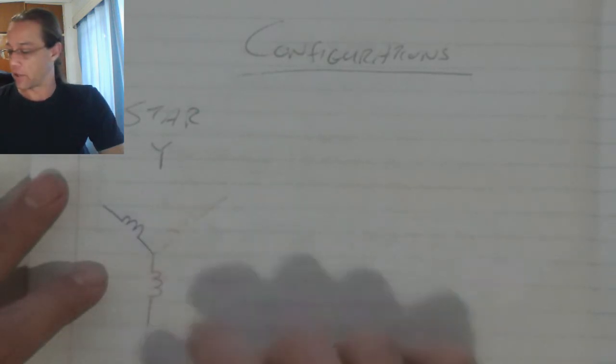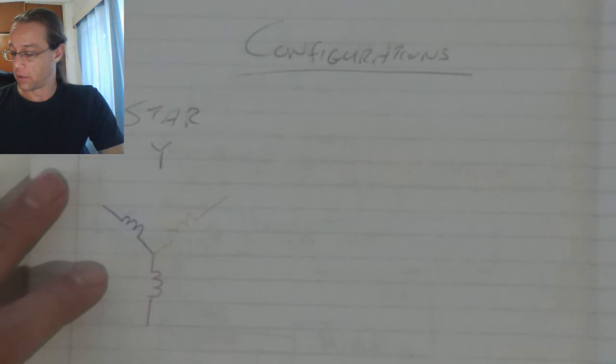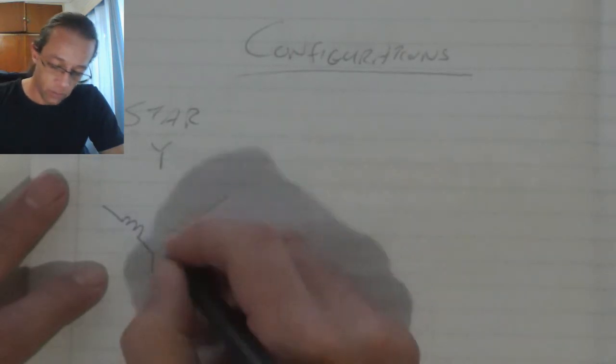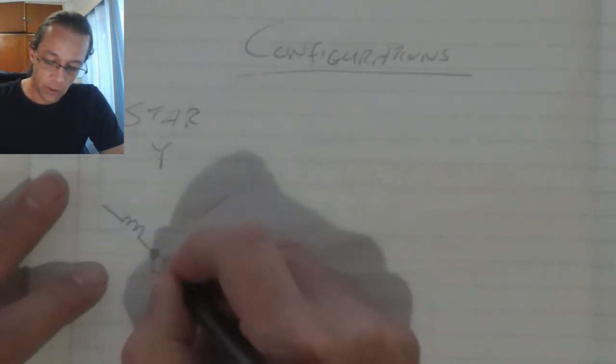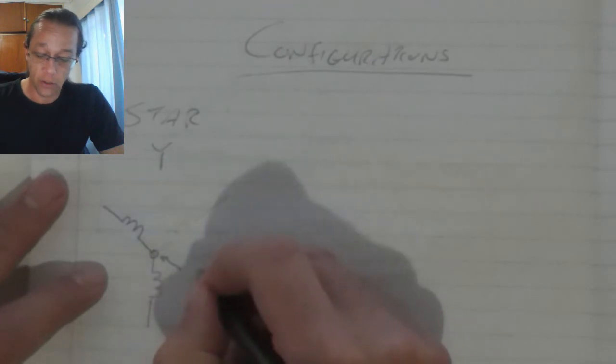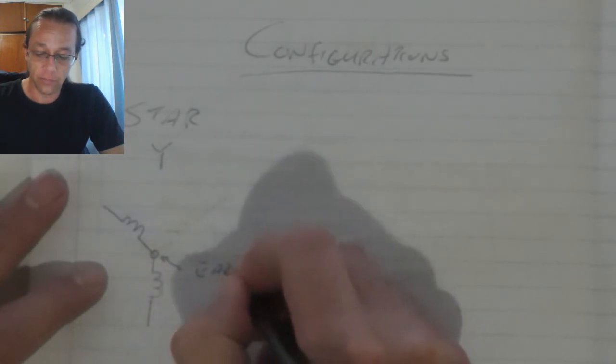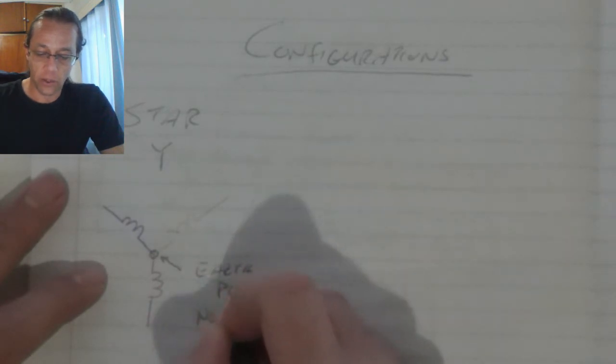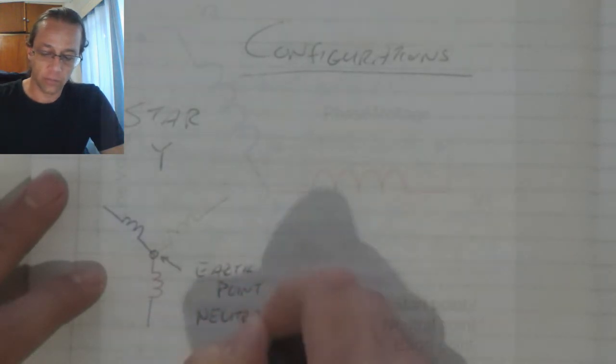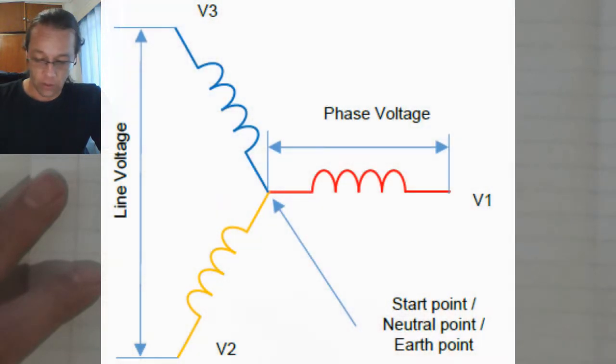So the star configuration has this point in the middle which connects to all the points, and that point there is my earth point or my neutral point, or sometimes called the star point.